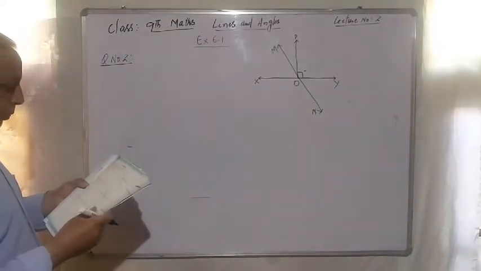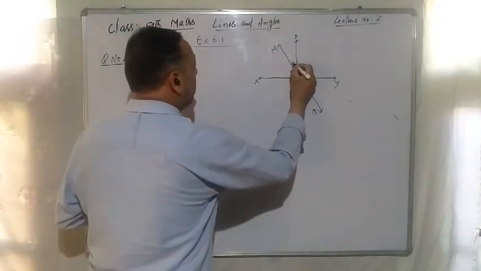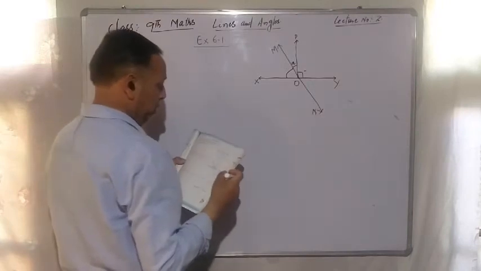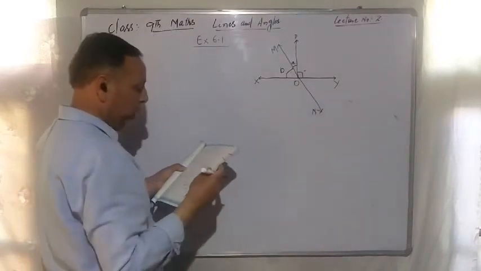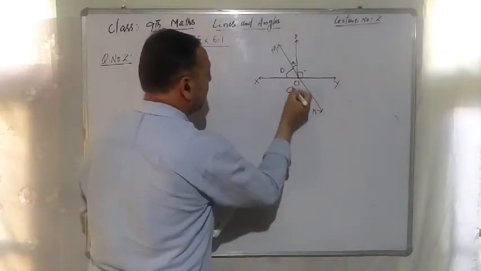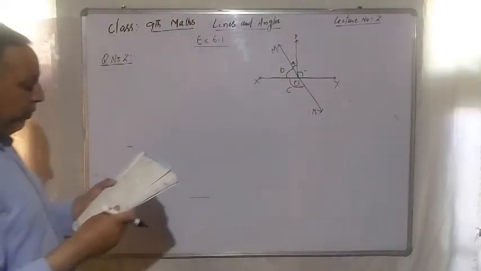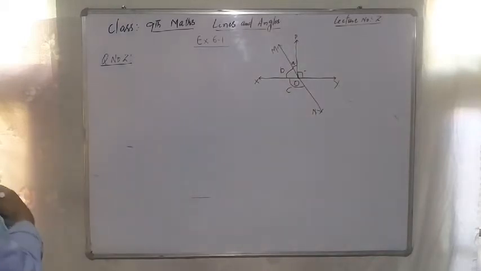And this angle POM is kept as A, this angle XOM is kept as B, and XON is kept as C. We have to find A, B, and C.